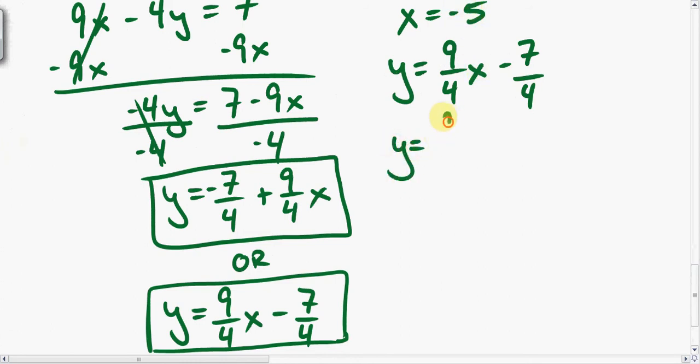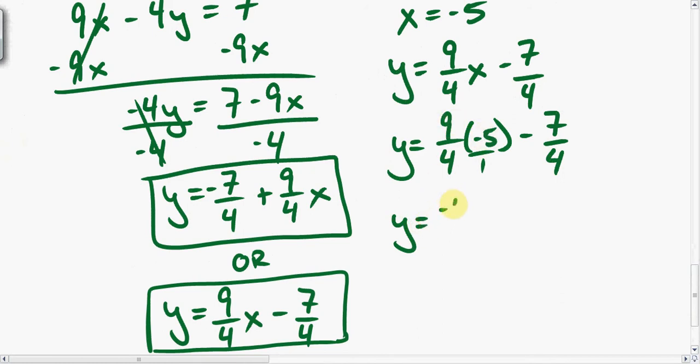So I see y equals 9/4 times the quantity negative 5 minus 7/4. So I'm going to multiply 9/4 times negative 5. 9 times negative 5 is negative 45 over 4 minus 7 over 4.